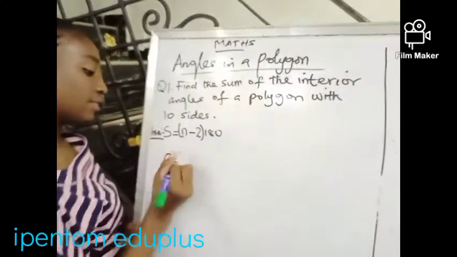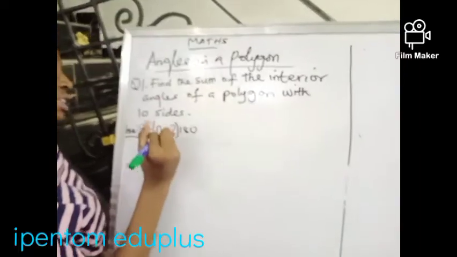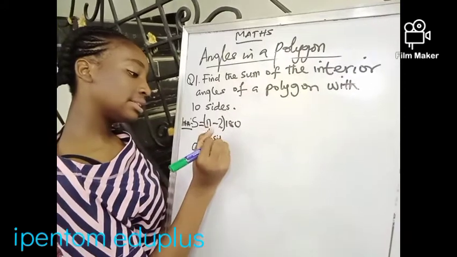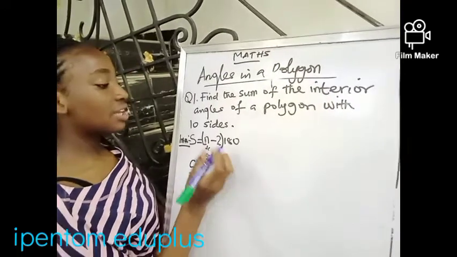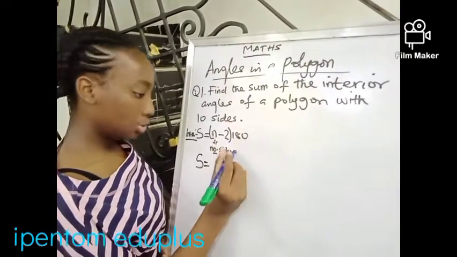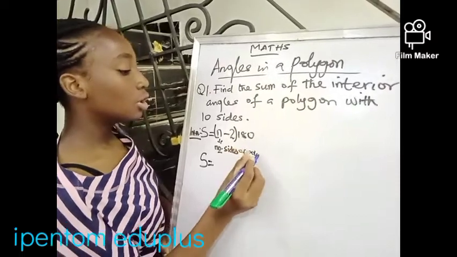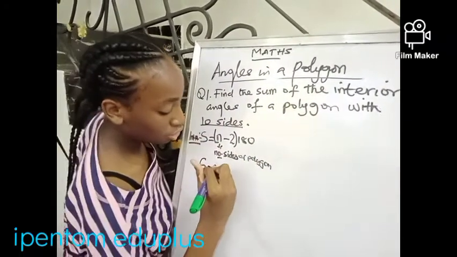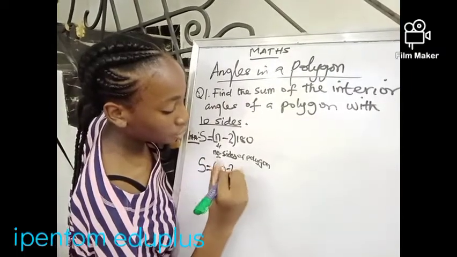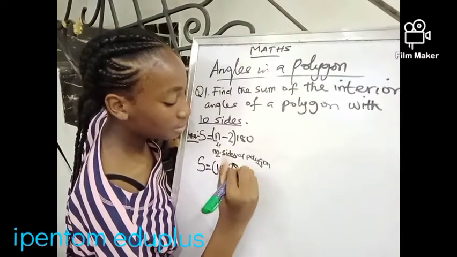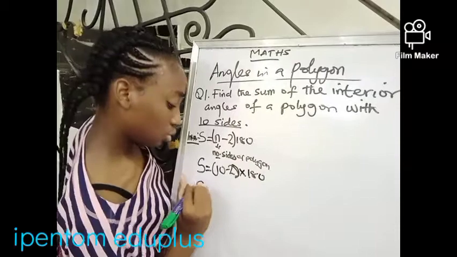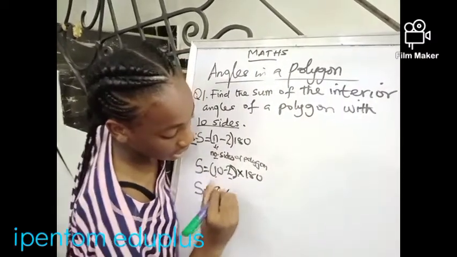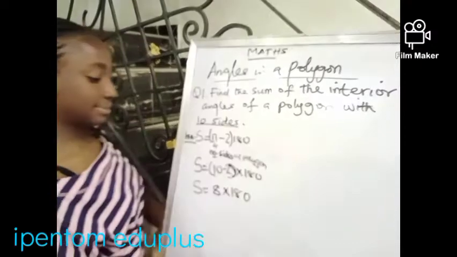S, which is not given, equals... N stands for the number of sides of the polygon, and the number of sides is 10. So it's equal to (10 minus 2) times 180. So S is equal to 10 minus 2, which is 8, times 180.